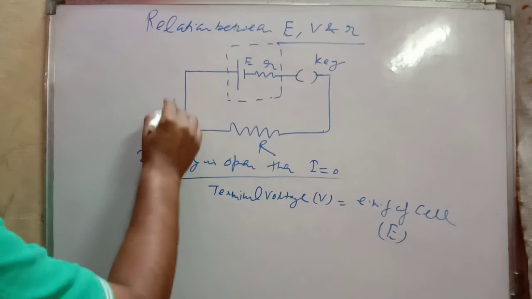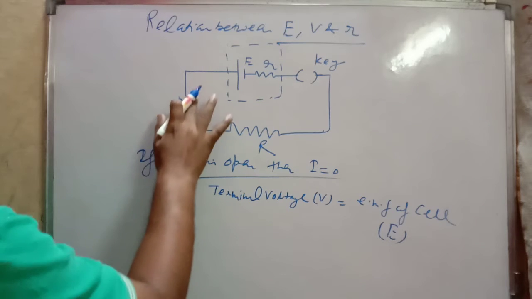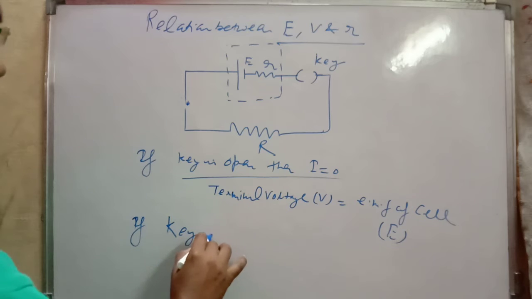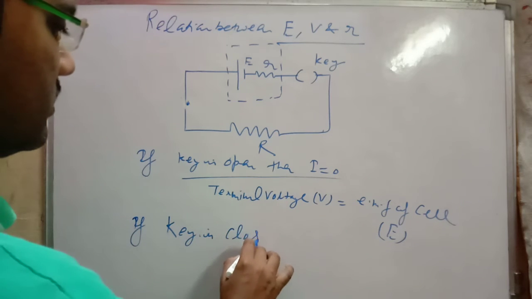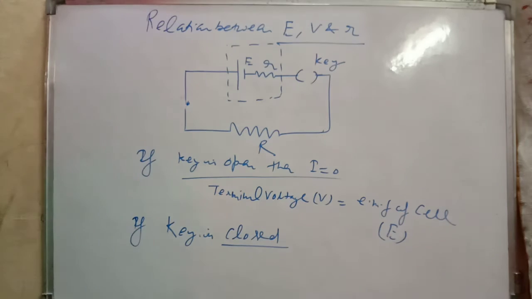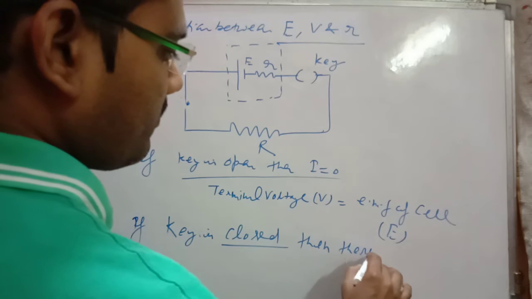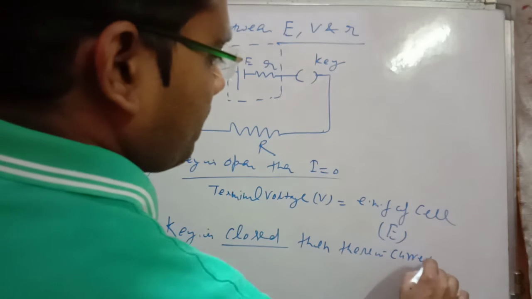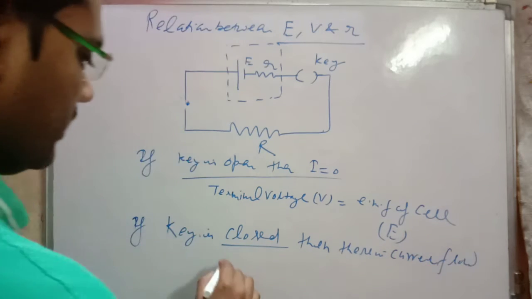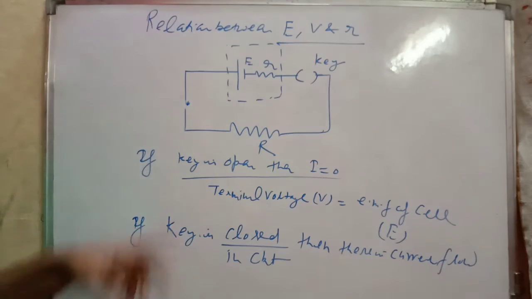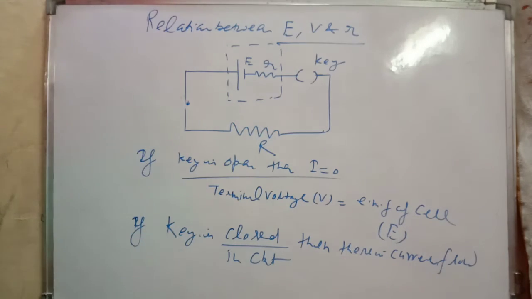Now if the key is closed, then there is a current flow in the circuit. In this case, what is the net or equivalent resistance of this circuit?